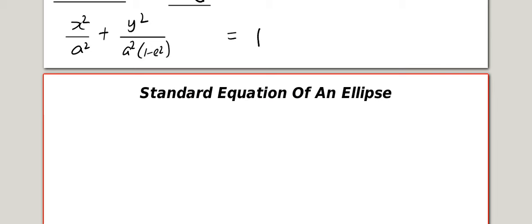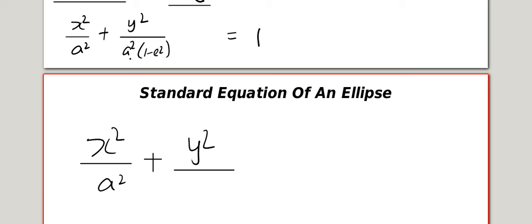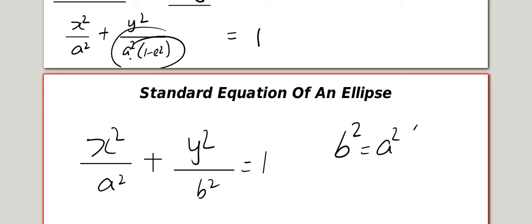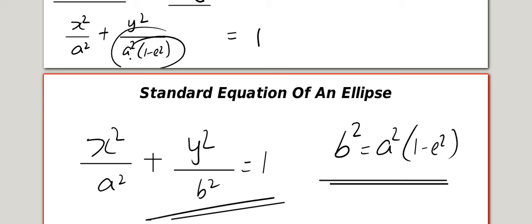If you want the exact form that you learned in class 12, you just call this term b squared. Do you remember? You learned the formula b square equal to a square into (1 minus e square). This is how it comes. So that's it, my friends. This is the standard equation of an ellipse.